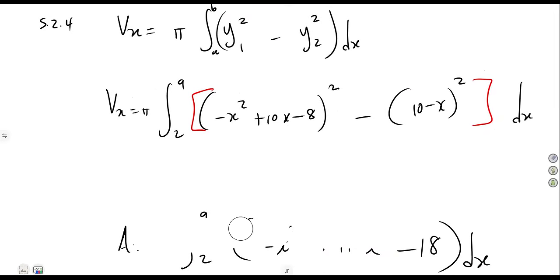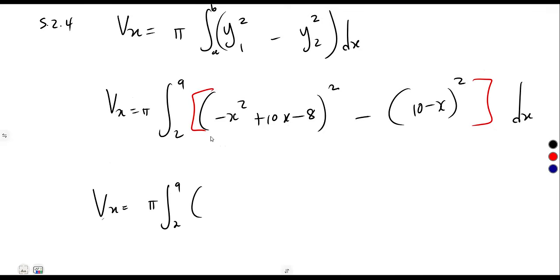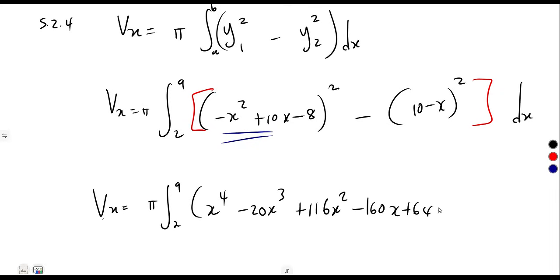So this is it as we do understand our expansion of brackets. Here there are two brackets, and here there are also two brackets, so make sure that you expand properly. This whole part here, if you expand it, is going to give us x to the 4 minus 20x cubed plus 116x squared minus 160x plus 64.